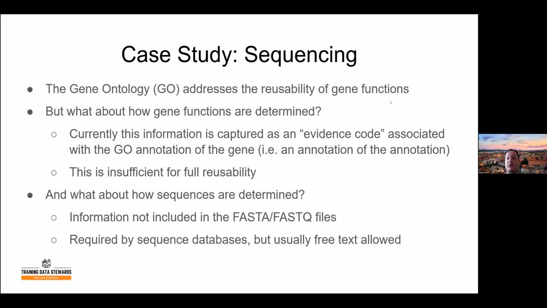It's by no means fully extensive, so we can consider functions at different dimensions, functions in terms of interactions with drugs, in terms of interactions with pathogens, etc., that are not necessarily encoded by the gene ontology. But still, it's better to have the gene ontology than to have no structured representation of gene function at all.